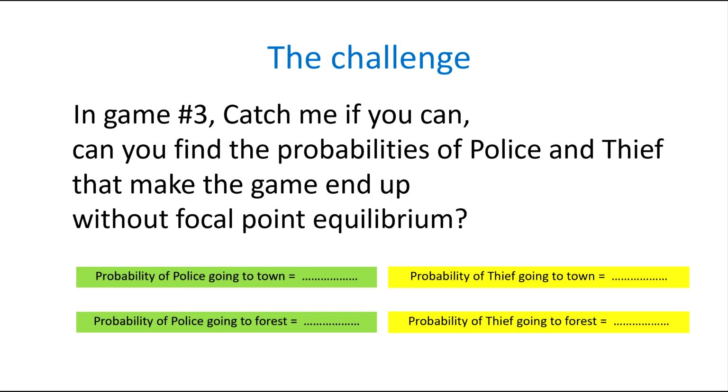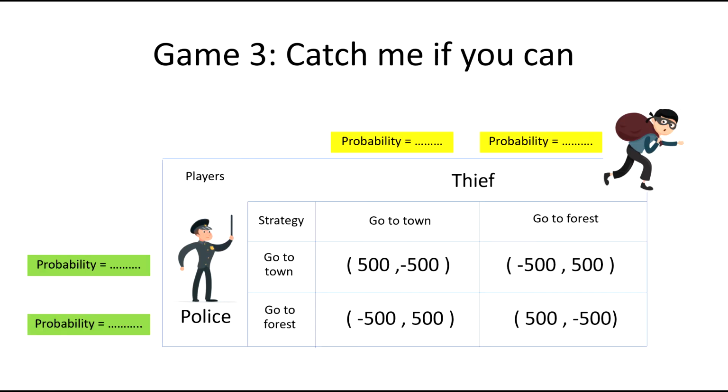And with these probabilities, you cannot find the focal point equilibrium. This is the challenge. Recall the original payoffs here, and you add the probabilities, and you make the game so that it cannot be solved. Very challenging.